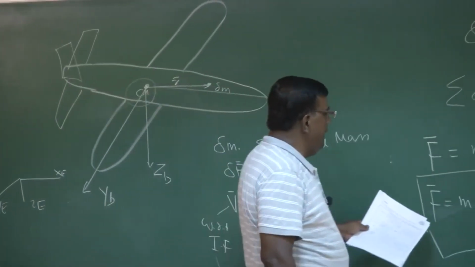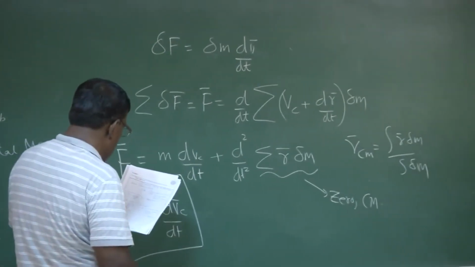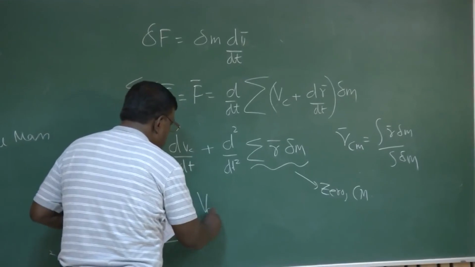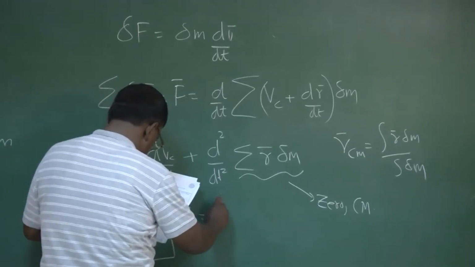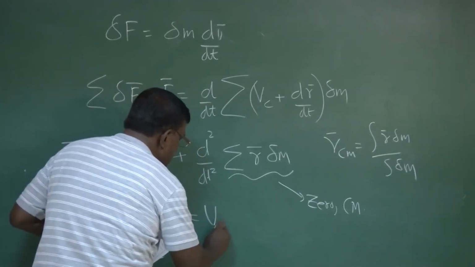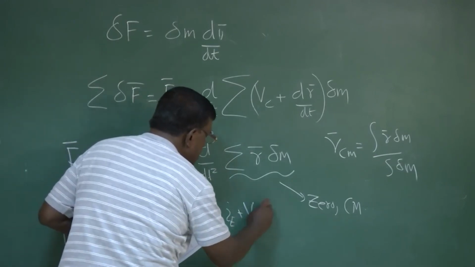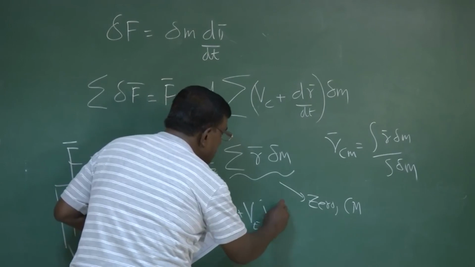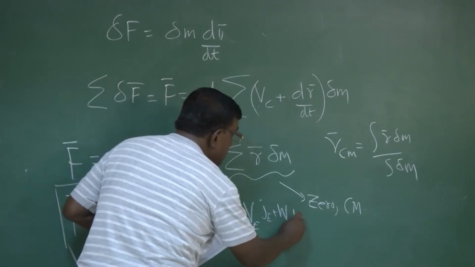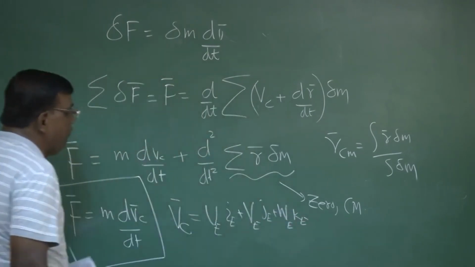So when I write dVc by dt, and if I ask you what is Vc, so that you don't forget, when I write like this, what does it mean?